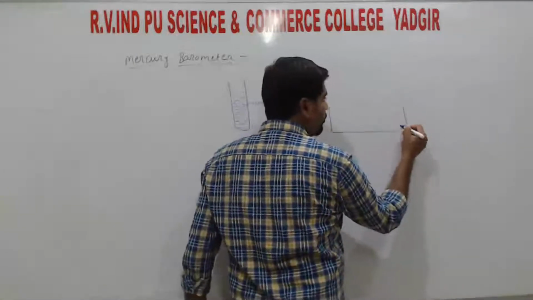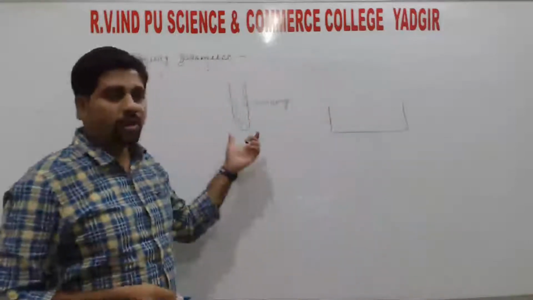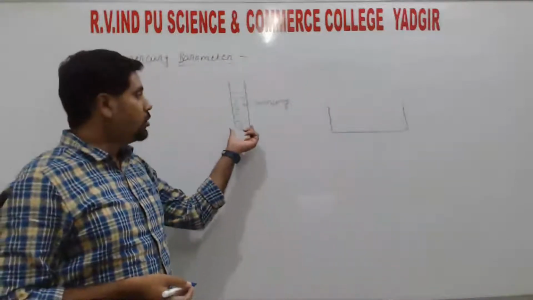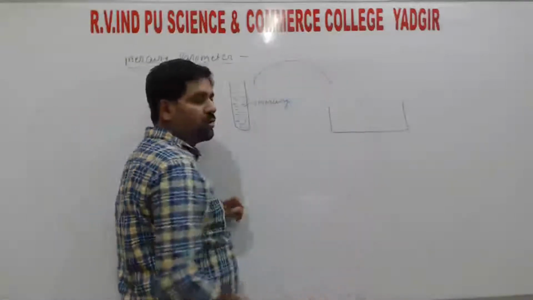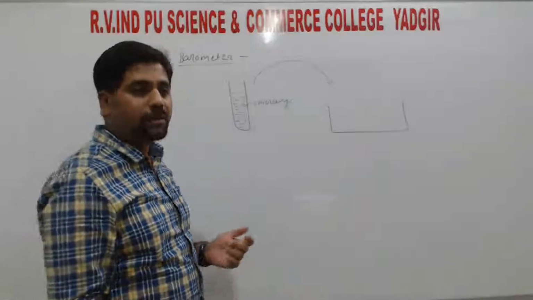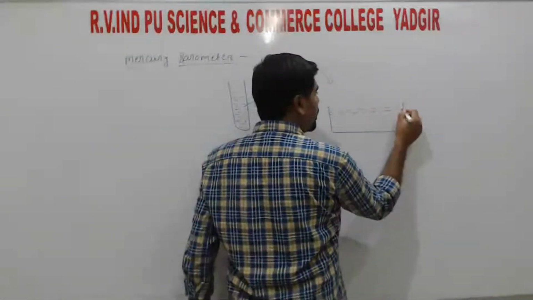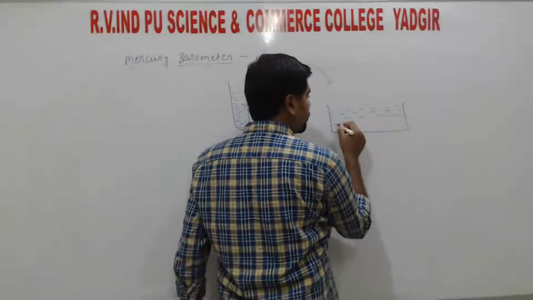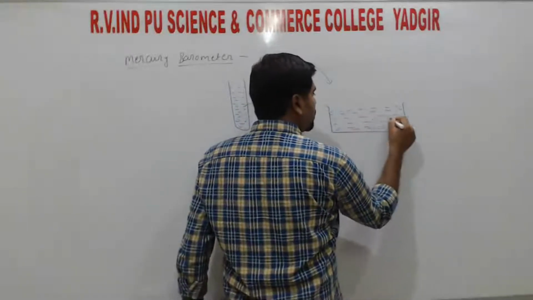So first he takes a one-side open tube and fills it with mercury. Now this tube is inverted into another vessel which consists of mercury. We call that a mercury store, or another container, or a bowl. So another bowl having the mercury.